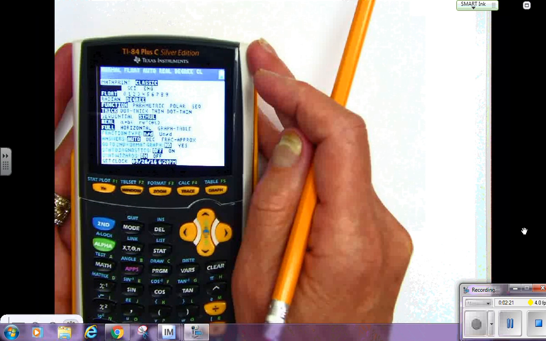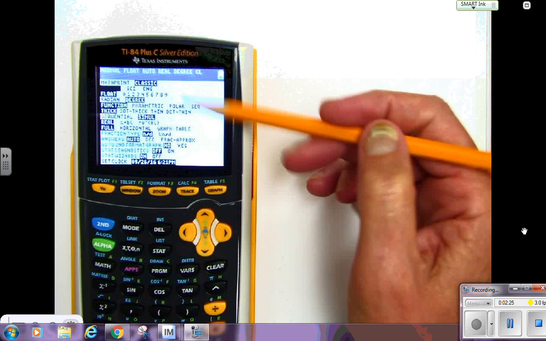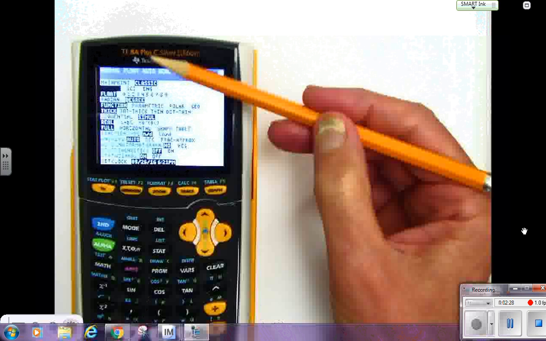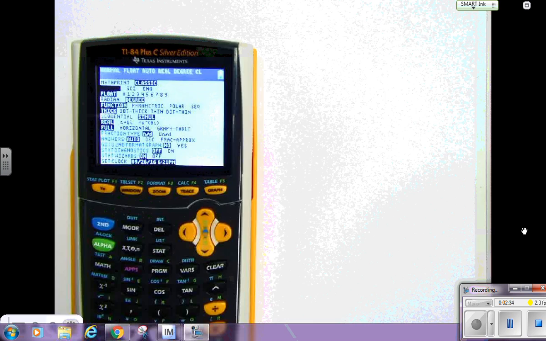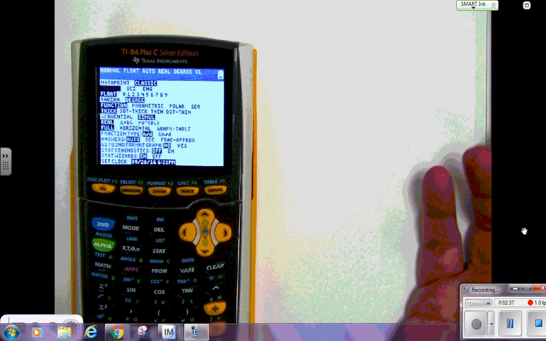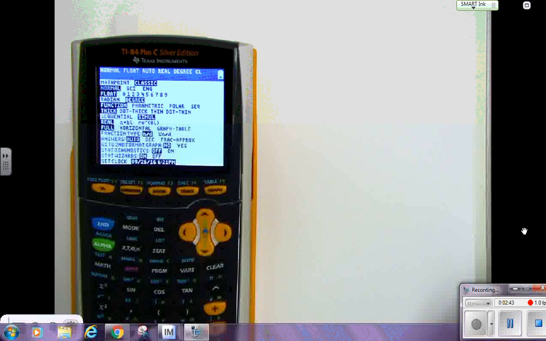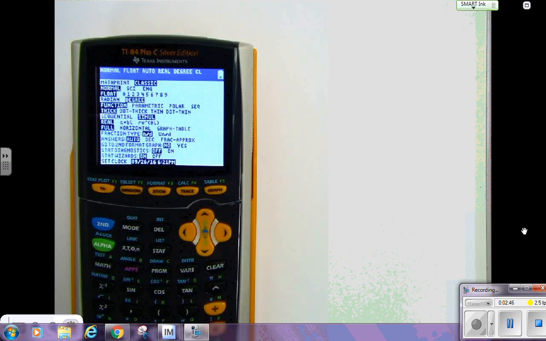So not everybody has this full mode screen like this with all these different options. I have the TI-84 Plus Silver Edition, which is a couple of years old in and of itself. So if you have a newer calculator, you might have more options than what I have. If you have an older calculator, you might have less. But whatever you have is going to work fine, as long as it's a TI 83 or 84.